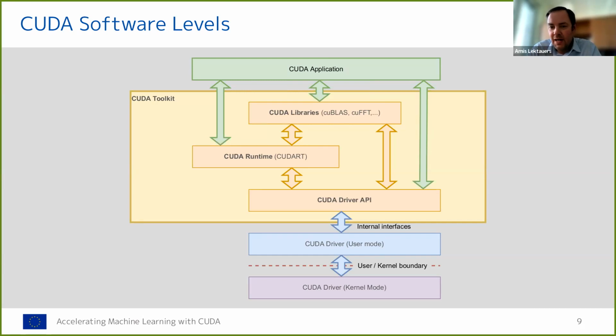However, the CUDA driver API can be used, for example, when we intend to integrate CUDA in any other programming language, not only in C or C++. So the CUDA driver API is commonly used for different external language wrappers. That is one of the possibilities for how to integrate CUDA in other programming languages.